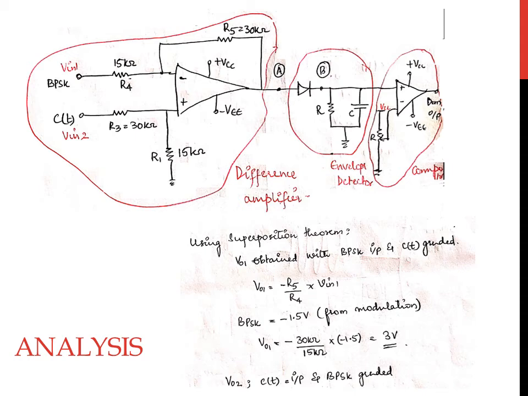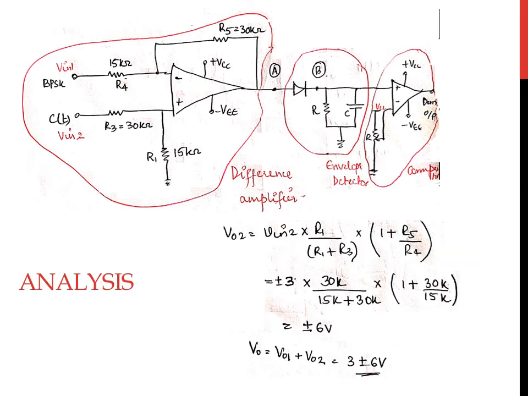Let us now analyze considering input Vin2 applied and the BPSK signal grounded to obtain Vout2. In this case, the circuit will appear like a non-inverting amplifier with the resistances R3 and R1 appearing in the form of a potential divider network, and the resistances R5 and R4 give the gain of the non-inverting amplifier.